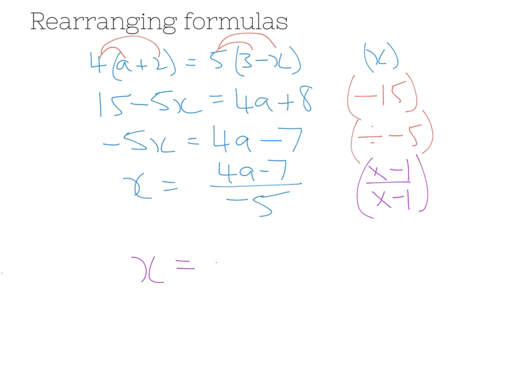So on the bottom, negative 5 times negative 1 is 5. Up the top, 4a times negative 1 is negative 4a. And negative 7 times negative 1 is plus 7. And in fact, we don't like having that negative sign in front of the 4a to start with. We may as well have the 7 in front. It'll look nicer. So often what we would do is rewrite this as 7 minus 4a on 5. Doesn't that look nicer?